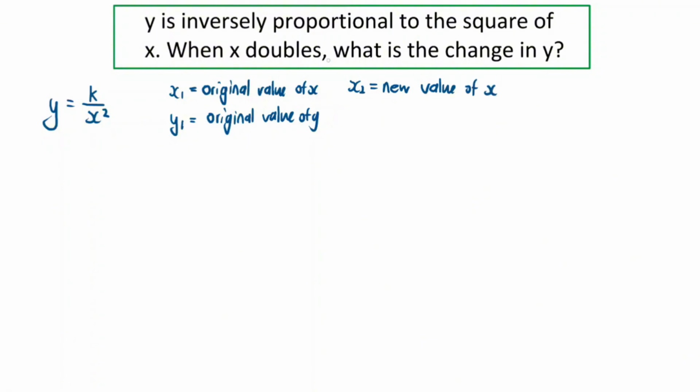And this value of x is actually the value when x doubles. So therefore, this x2 is actually 200% of x1. And then we have y2, which is our new value of y. And this is the value of y that we are trying to find in this question.